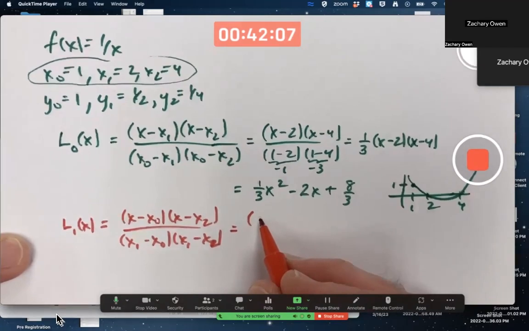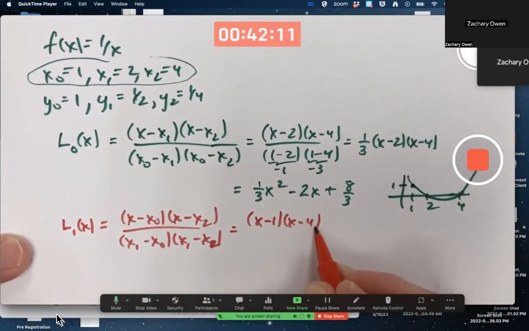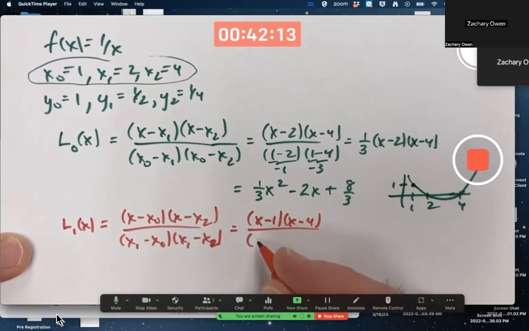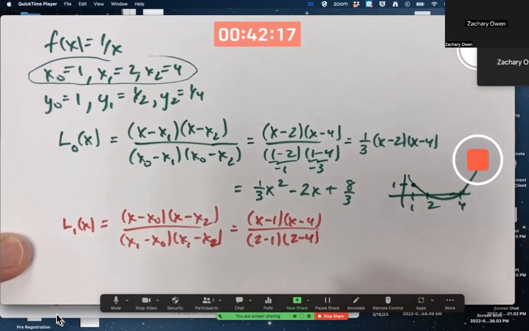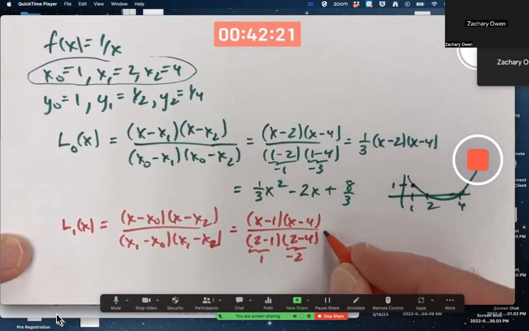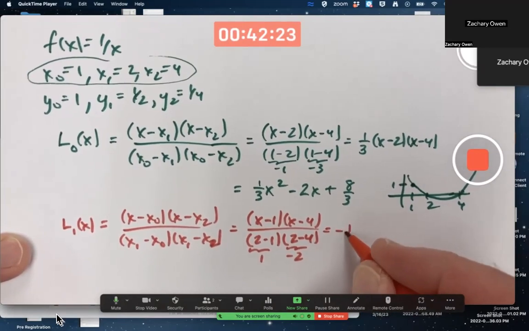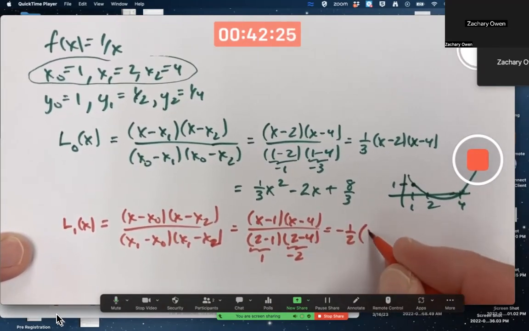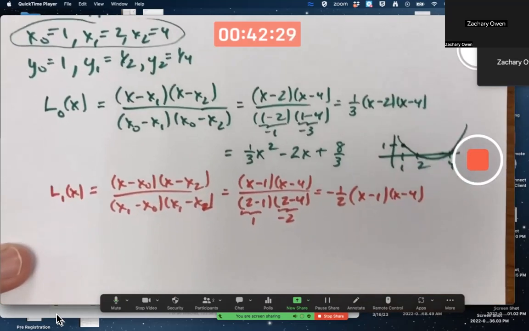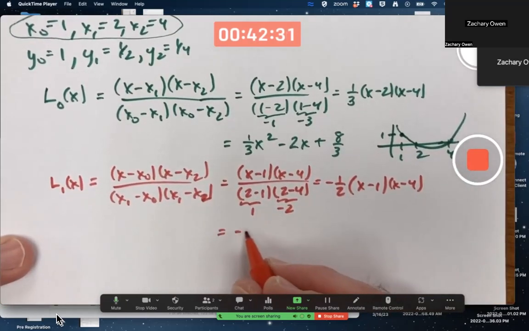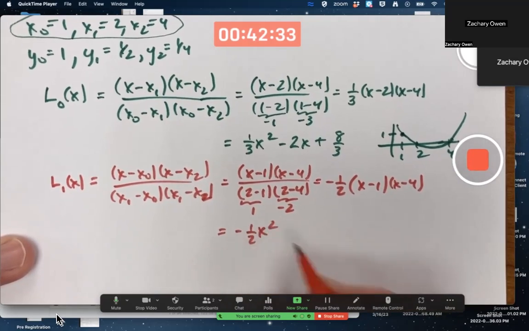So with these particular numbers, this becomes x minus 1 times x minus 4 over the bottom, which would be 2 minus 1 times 2 minus 4. That's a 1. This is a negative 2. This becomes negative 1/2 times x minus 1 times x minus 4. Expand that out. That'll become negative 1/2 x squared.